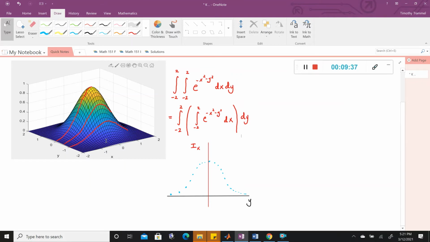Well, we're breaking the interval -2 to 2 into 10 pieces. So this thing has a length. The length of this is 4, and we're going to break it into 10 subintervals. So this right here is going to be the width of our subintervals. It should be the length of the interval divided by the number of subintervals.